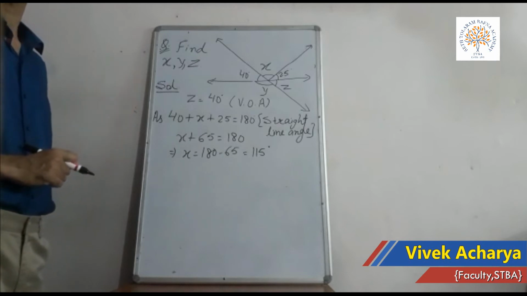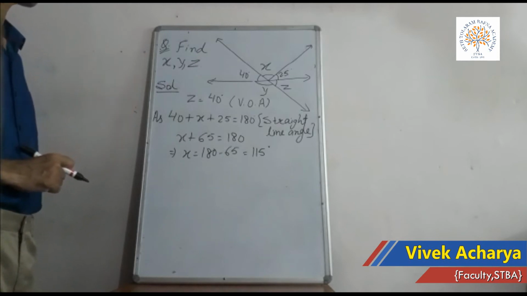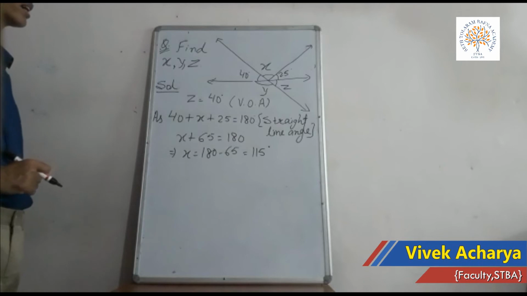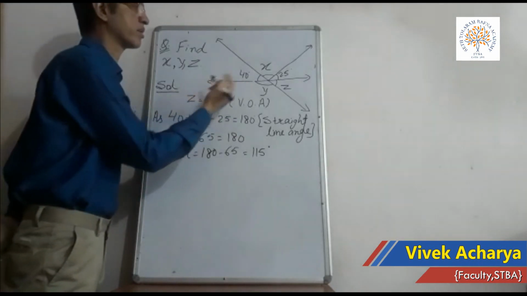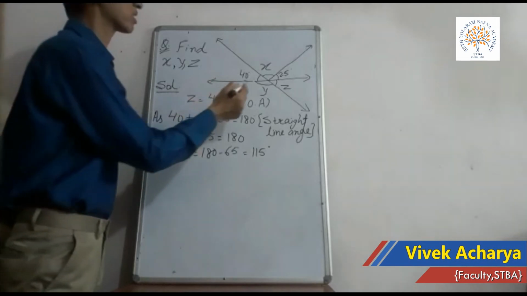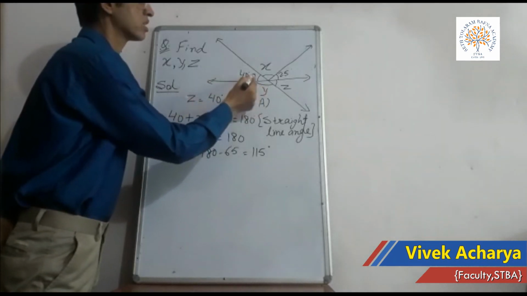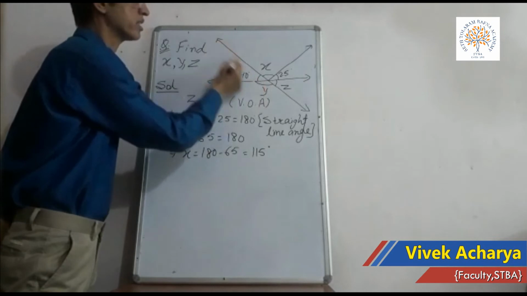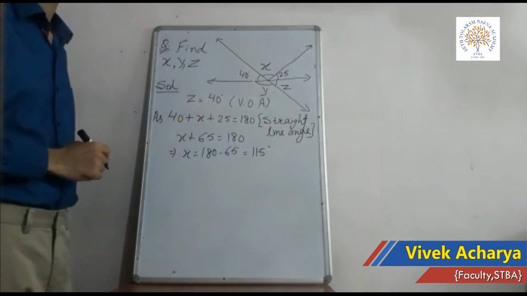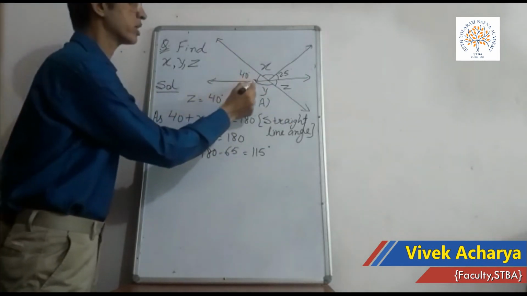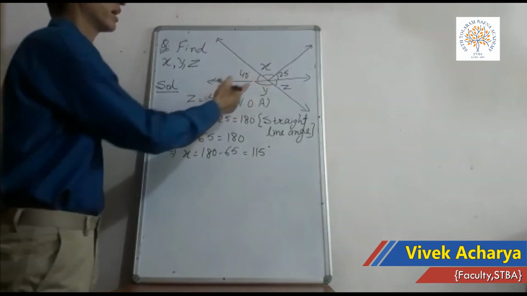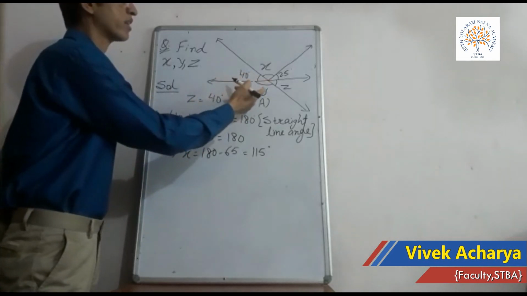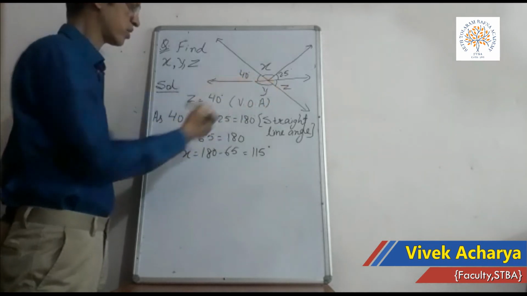To find angle y, children, you can see we can find y by two methods. The first one is 40 plus y. It is a straight line, and on a straight line these are two linear pair angles, and the sum is 180 degrees. In a similar way, we can also find y by using z, because this is also a straight line.